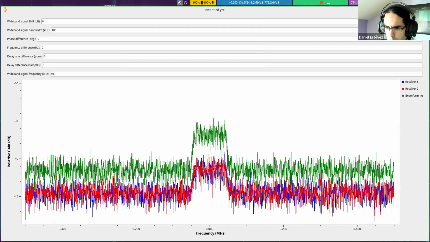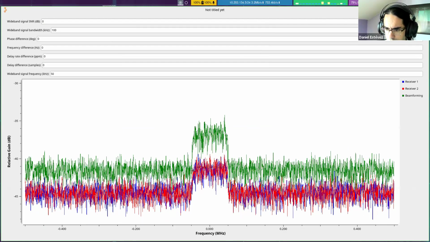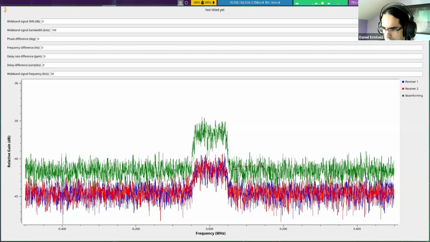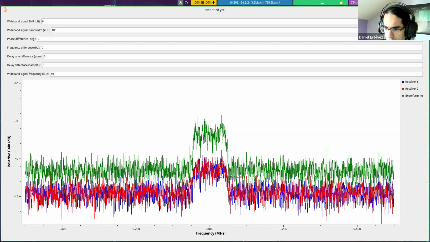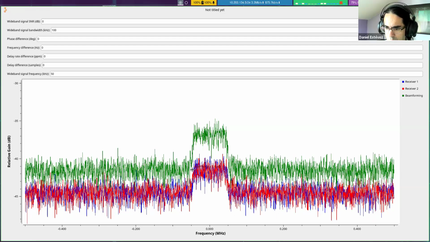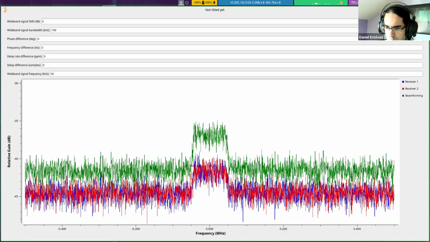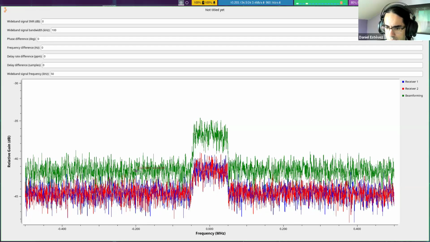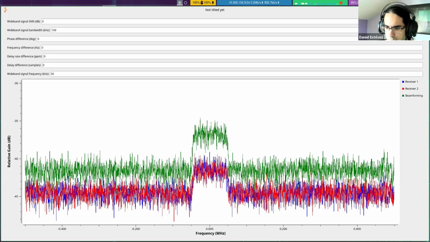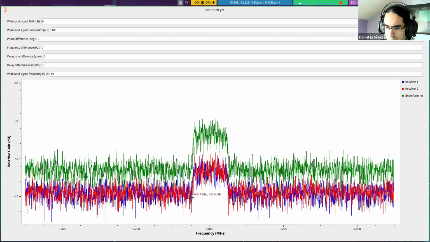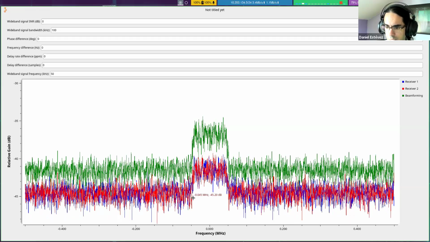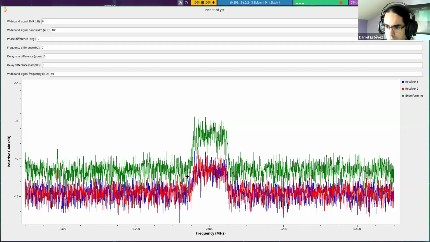If you look at the noise floor, to save some time, and because the plot is very busy, I'm not going to make the actual measurements, but you can believe me, the difference between the noise floors in the green line, which is the beamformed combination, and the red and blue lines, which are the independent receivers, is 3 decibels.